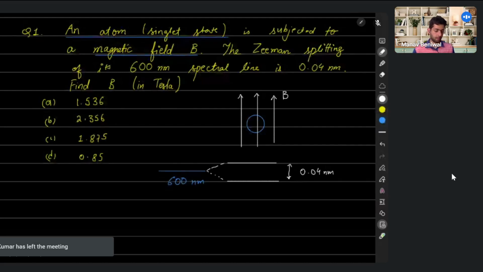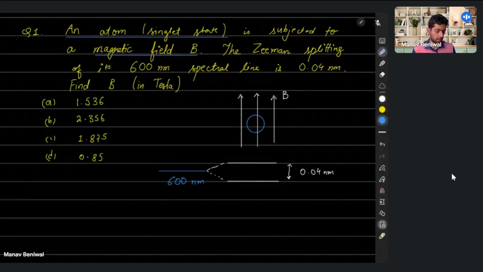This phenomenon is known as Zeeman splitting. This was also discussed in the class, that whenever we put an atom in a magnetic field and then measure its spectra, there is splitting of the spectral lines.